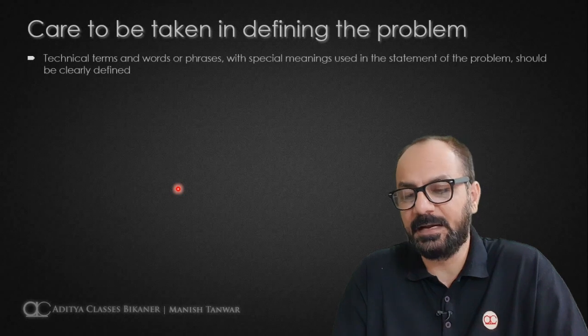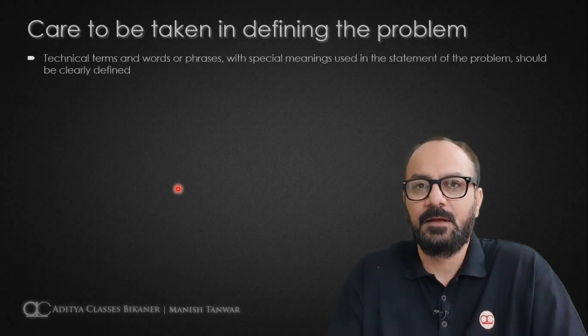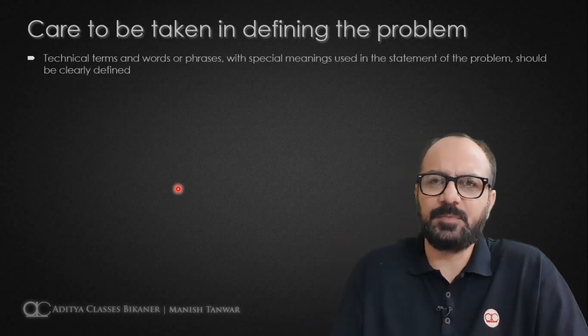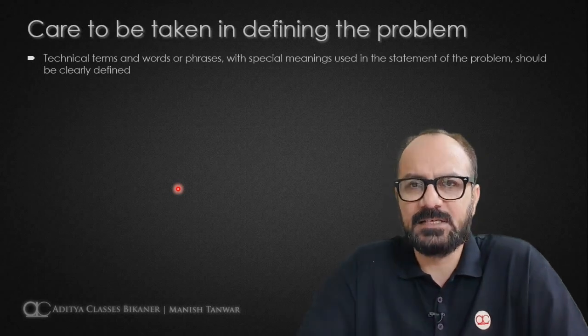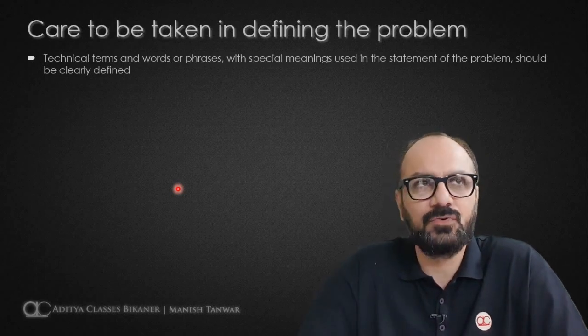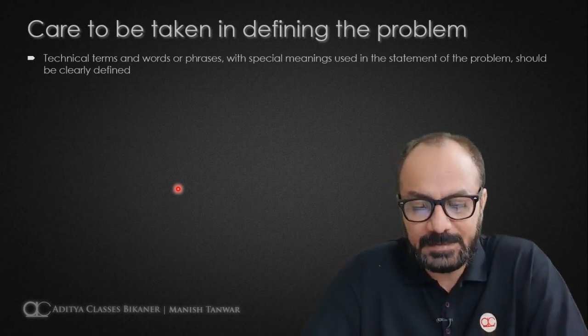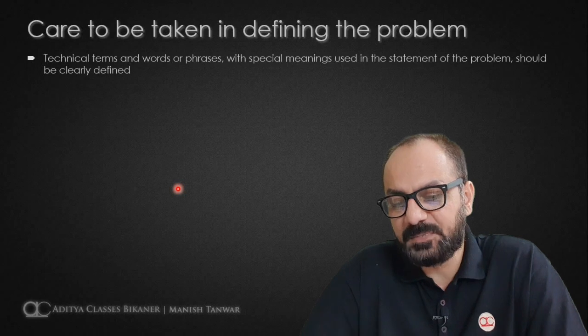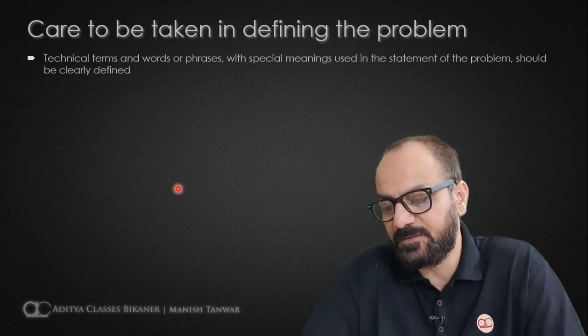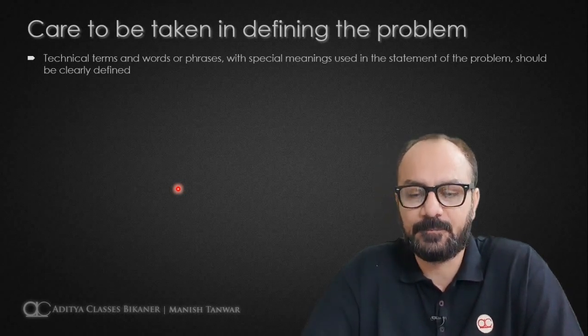Then care to be taken in defining the problem. Okay, I do understand the nature of the problem. I do understand what are the core areas that I need to work for, that I need to look for. But now care need to be taken in defining the problem. Technical terms and words or phrases with special meanings used in the statement of the problem should be clearly defined.